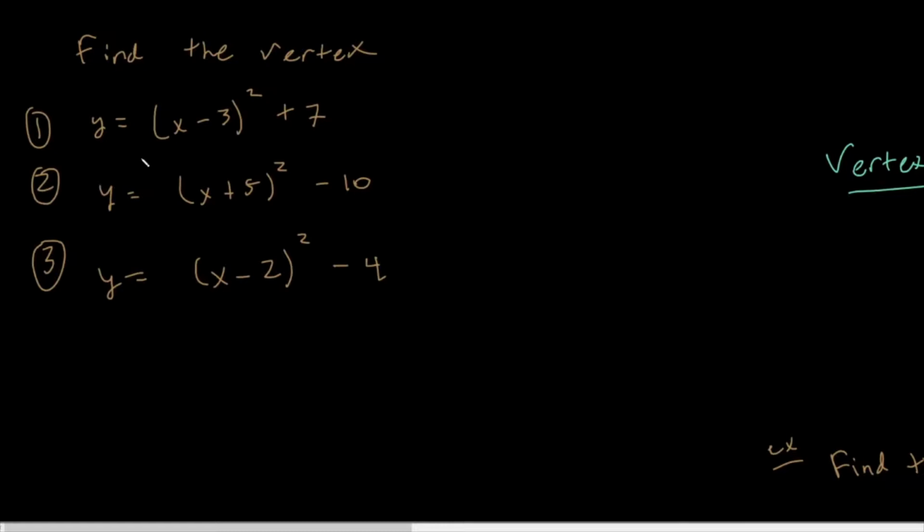And for reference, vertex form, y equals (x minus h) squared plus k. The vertex lies at h comma k. So go ahead and take a moment to attempt these.